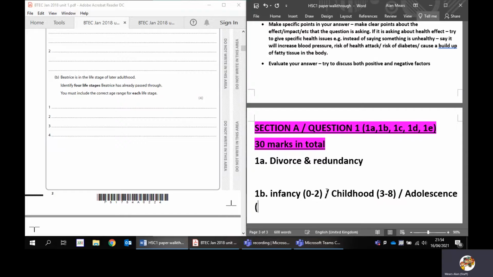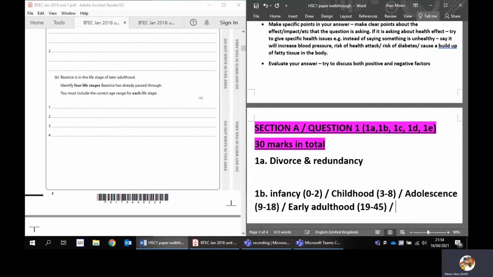There we go, got it eventually. Adolescence begins at 9, covers puberty, and normally runs until 18 when you're deemed to be an adult. After that, you enter early adulthood, which is from 19 to 40. Obviously, that's our 4. We wouldn't need to put any more.